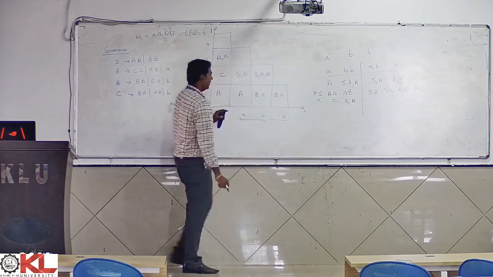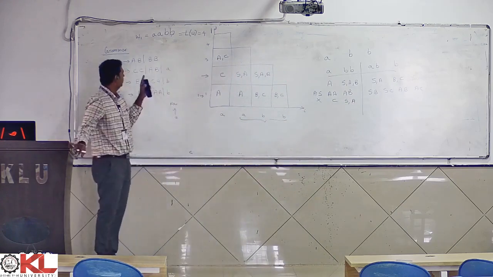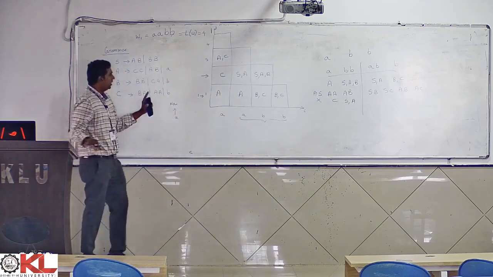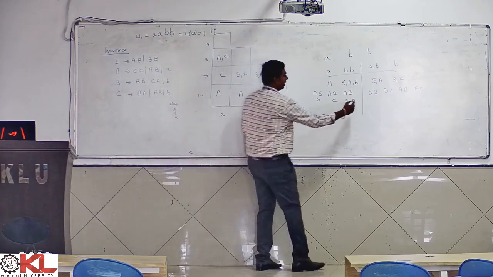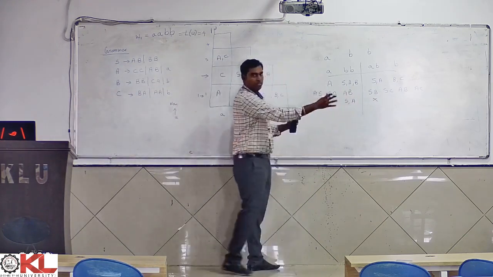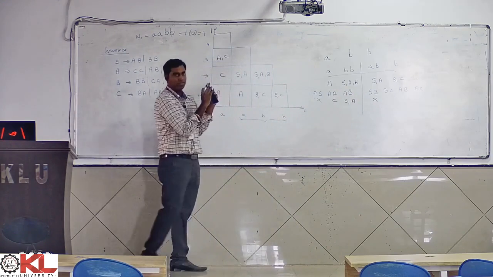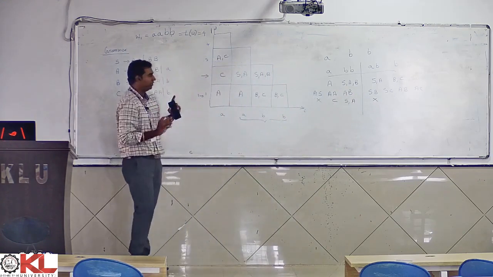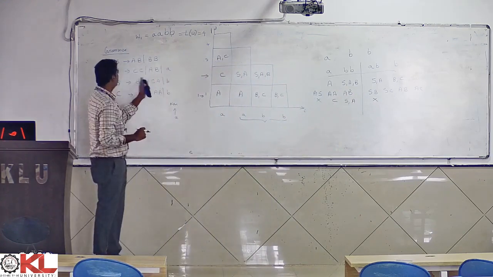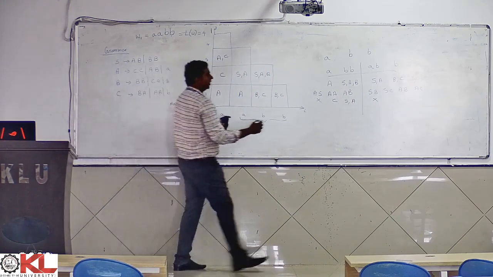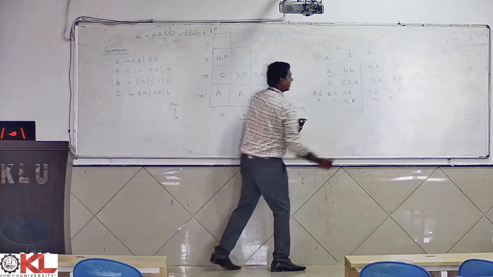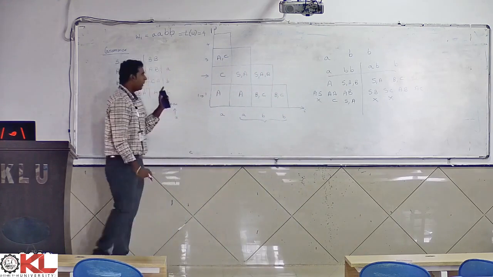Similarly, next combination SB I am checking. It is not possible, so you leave it, because in the given set of rules that combination is not possible. SC is also not possible, so I am discarding. What about AB?